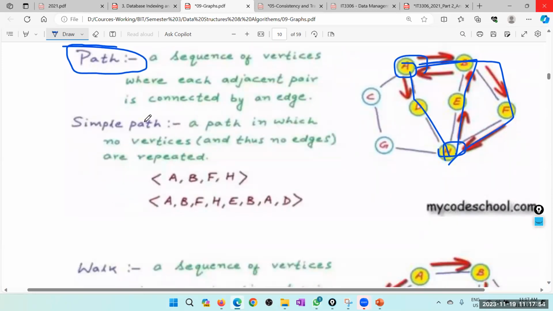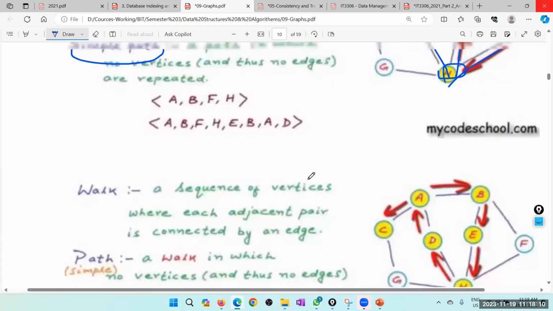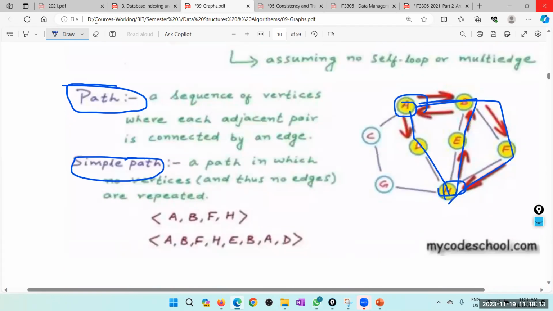A path is called a simple path where you don't repeat any vertex or any edge while you travel. So then it's a simple path. For example, you start from here, then go there, then go there, then go there.